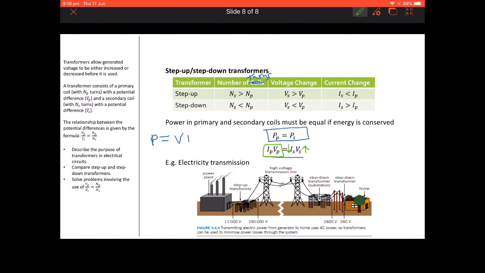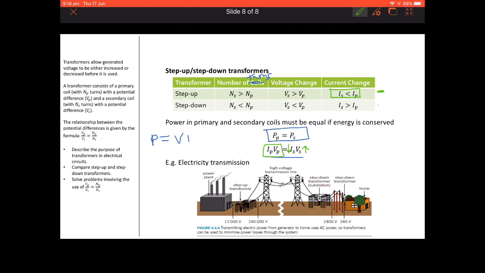So in the step-up transformer, your voltage is increasing in the secondary coil, you've got more turns in your secondary coil, but to compensate and to make sure that the power is equal in both the primary and the secondary coils, the current of the secondary coil must be less than the current in the primary coil.